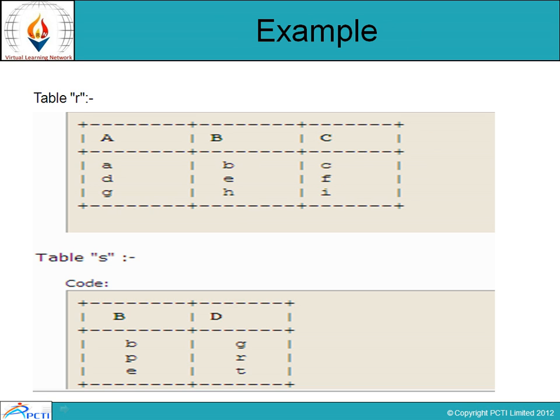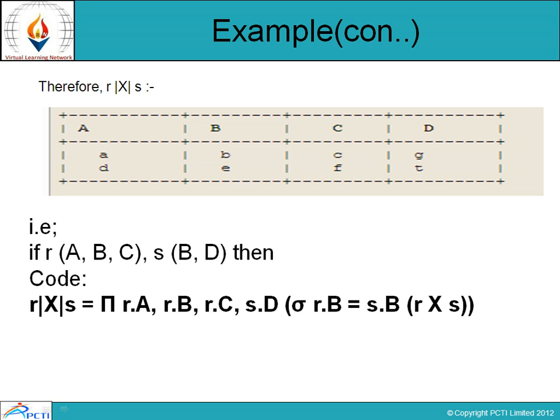Now you see B and E are in this table and B and E are also in this table. Now it combines both tables on this operation. The result we get is like this: in this table the B column contains only those values which are the same in both tables, B and E, and it joins all the remaining attributes. So again, if R has A, B, C and S has B, D, then the code representation is like this.